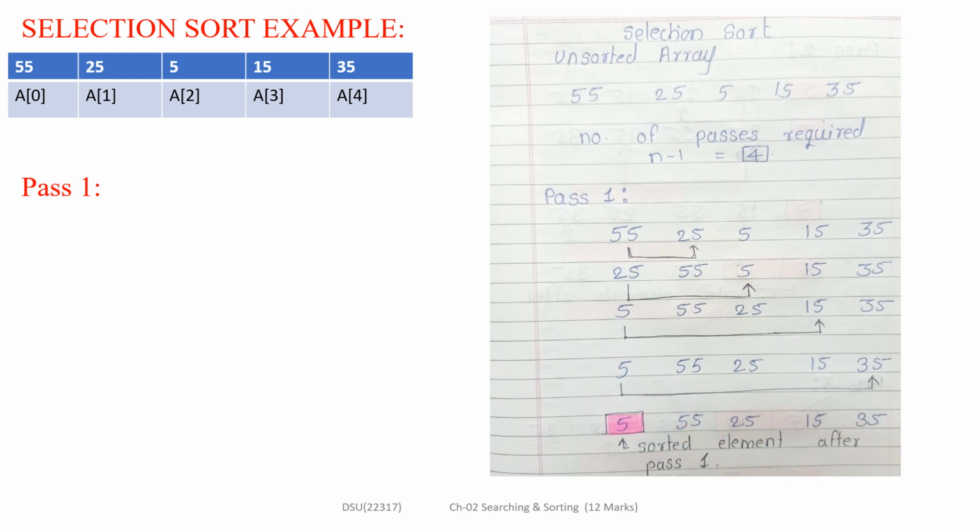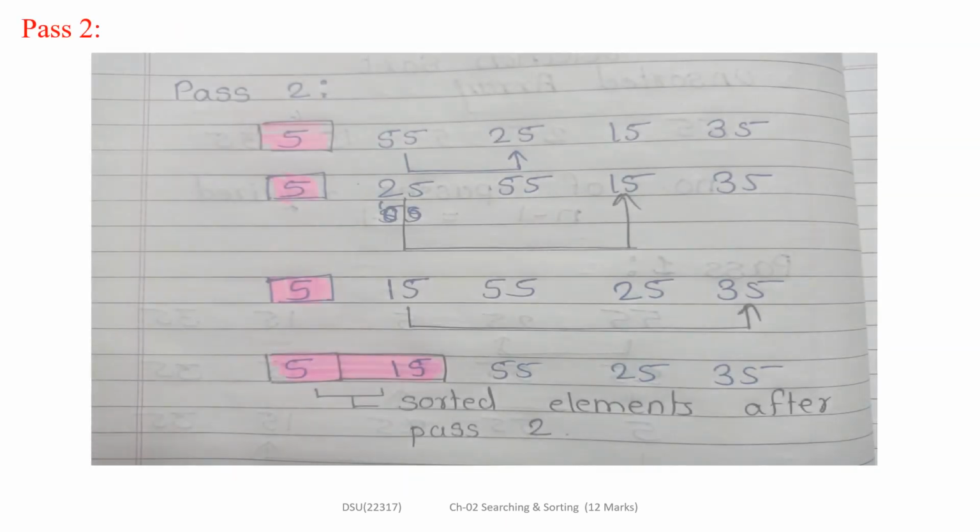Now we will go to pass 2. In pass 2, we have to compare the second element with the third element, and in the next iteration, the second element with the fourth element, like this. Now we will compare 55 with 25. 55 is greater than 25, so swapping will be done: 25, 55, 15, 35.